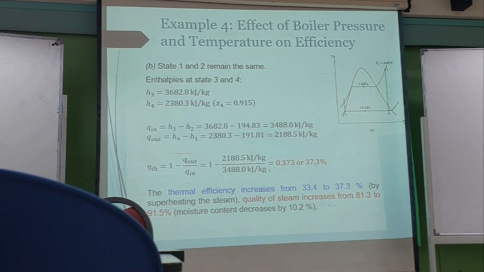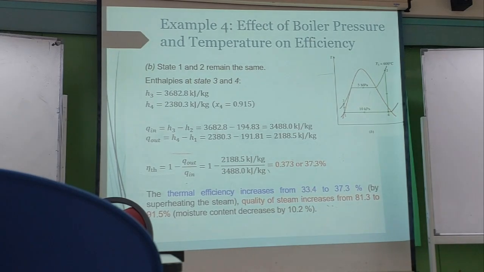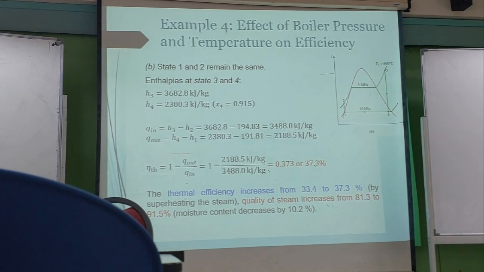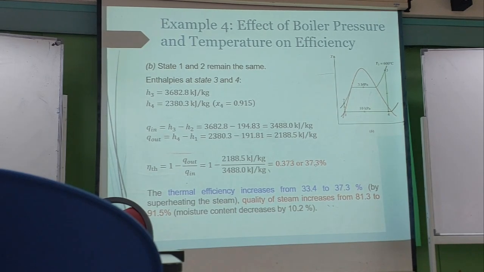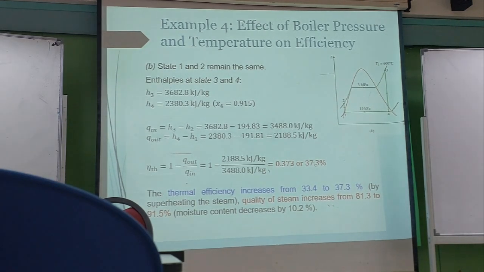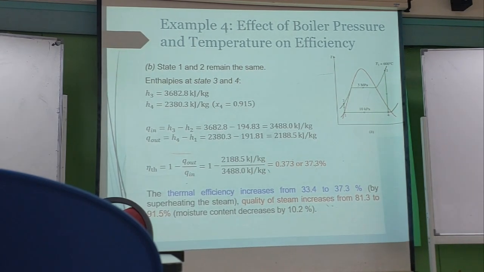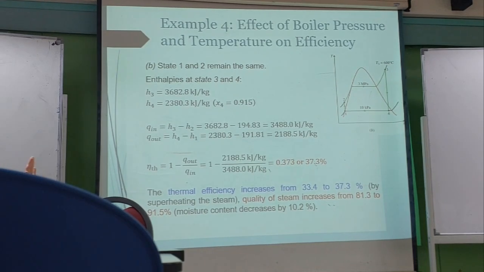Now that we have increased the temperature at the boiler, or rather the superheated temperature, you can see that thermal efficiency increased from 33 to 37. And the quality of the steam has also improved, from 81.3 to 91.5%.